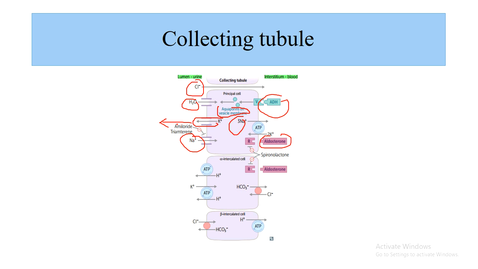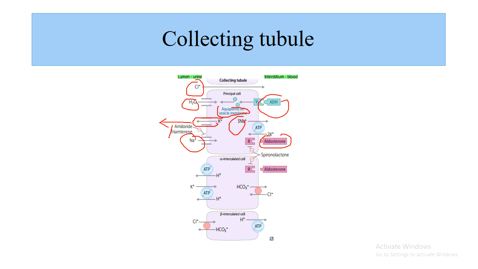And you can see some medications which block the sodium channel, amiloride and triamterene. These medications are going to block reabsorption of sodium. But the difference between these medications and the ones which block aldosterone is that these medications have nothing to do with potassium, but one which affects aldosterone affects sodium and potassium at the same time. This is something that you need to differentiate.